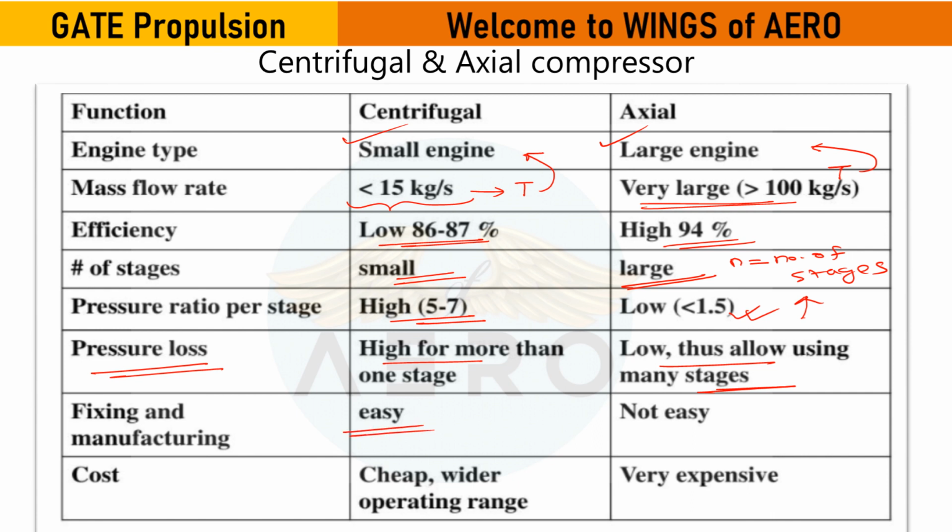Centrifugal is very simple and easy. Looking at cost, it's very cheap because it's easy to manufacture. Axial is kind of expensive because of the number of stages and the many complications.